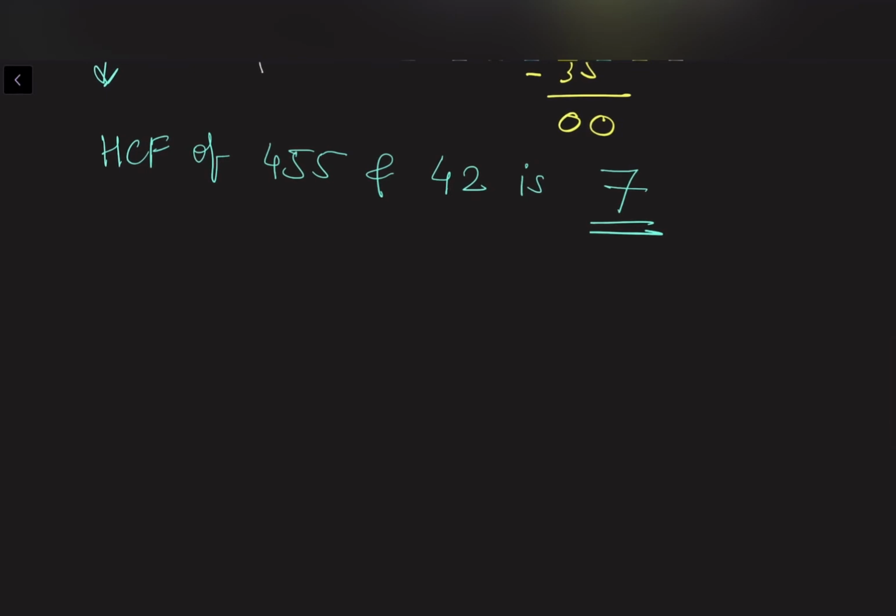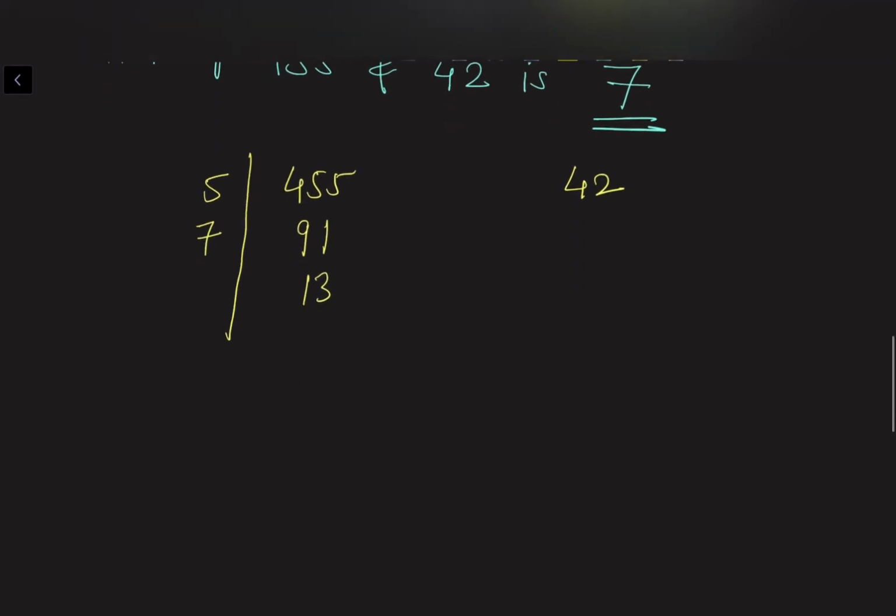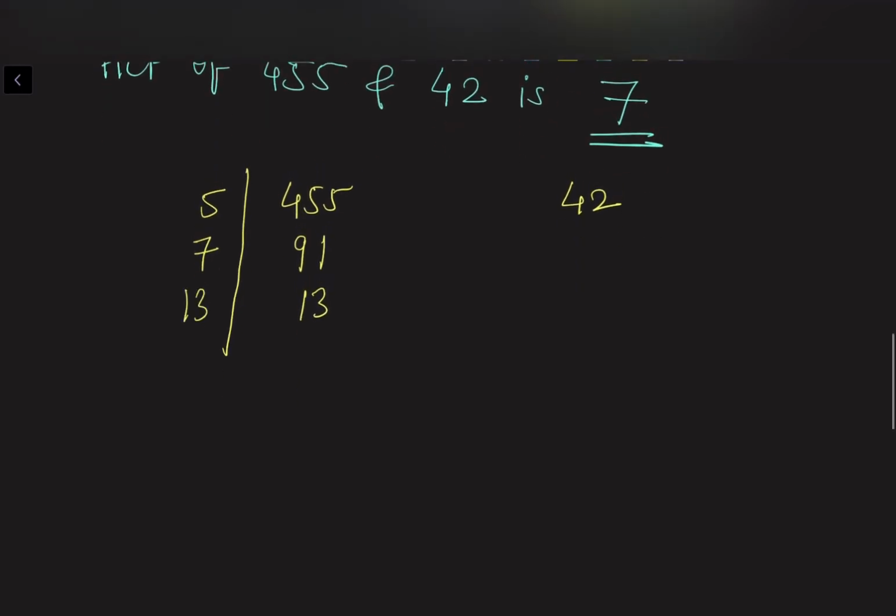So 455 and 42, right? Let us factorize this. 5 9s are 45, 5 1s are 5, then 7 13s are 91, and 13 1s are 13, right? This is what you get. 5 91s are 455.